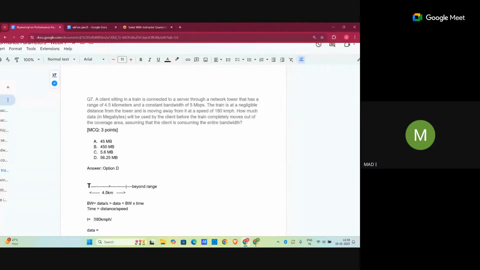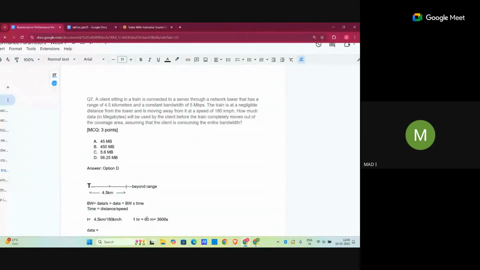Sorry, I did the reverse. The distance is 4.5 kilometers, distance upon speed. Now this is kilometers per hour. I can also write it as kilometer per hour, so this hour will go into the numerator. We know 1 hour is equal to 60 minutes, which is equal to 3600 seconds.